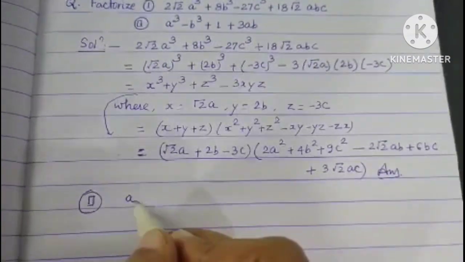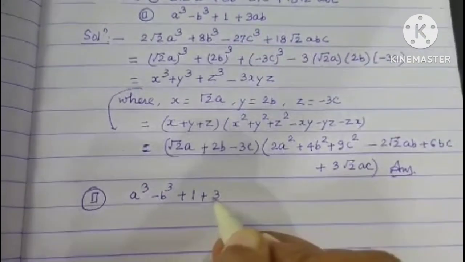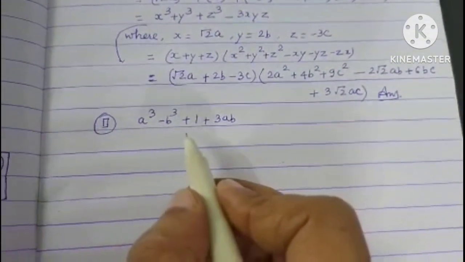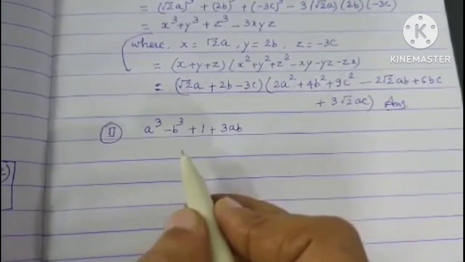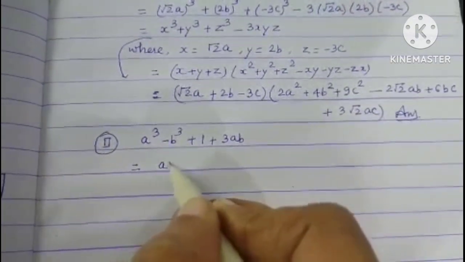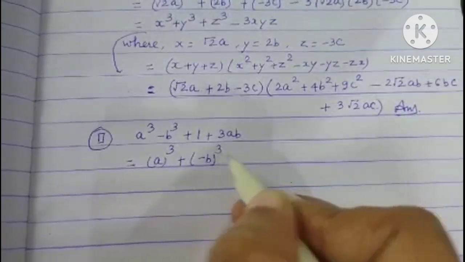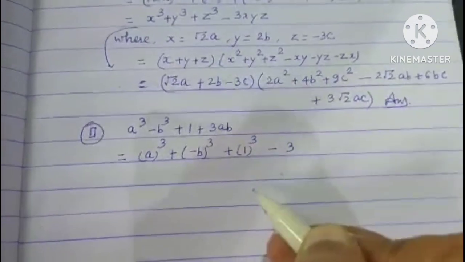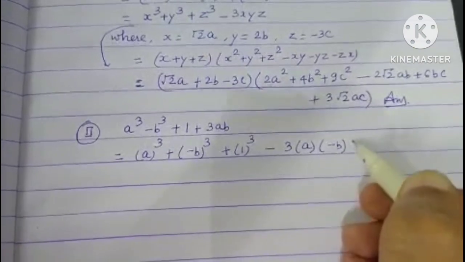Second one is a cube minus b cube plus 1 plus 3ab. So this also looks like x cube plus y cube plus z cube minus 3xyz. So we have to bring this in that form. So we can write it like this, a cube plus minus of b cube plus 1 cube minus 3 into a into minus b into 1.